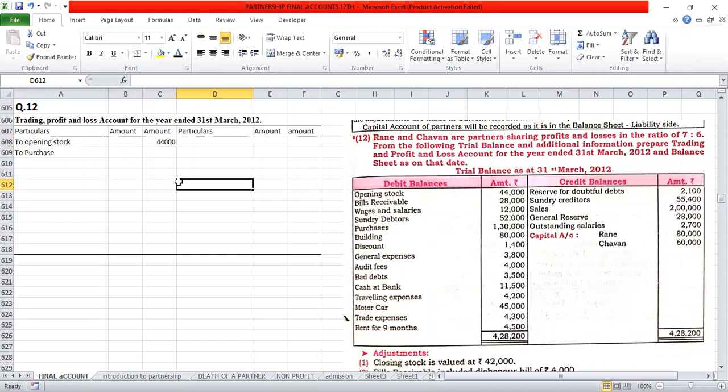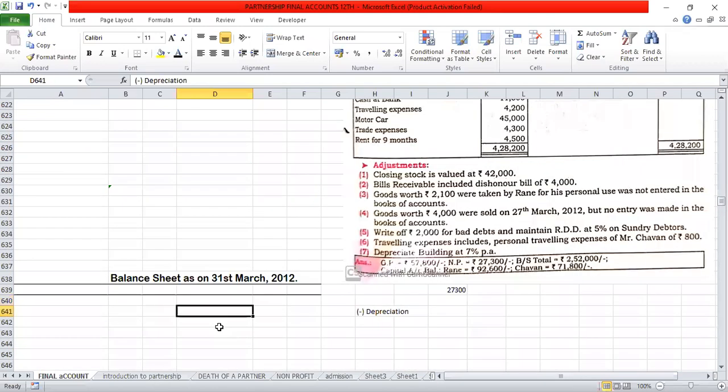Then bill receivable, where will you take it? Balance sheet asset side. So fixed assets, I have motor car and building. These two are fixed assets. We will keep them in the upper part of the balance sheet. Now I will write bill receivable.